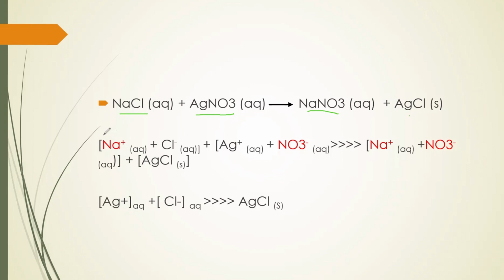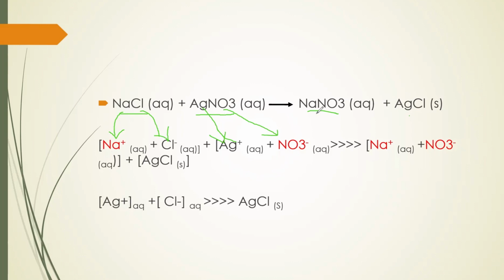So first, we take the aqueous compounds and write their original ions. So NaCl will be sodium ion and chloride ion. Then AgNO3 will be silver ion and nitrate ion.